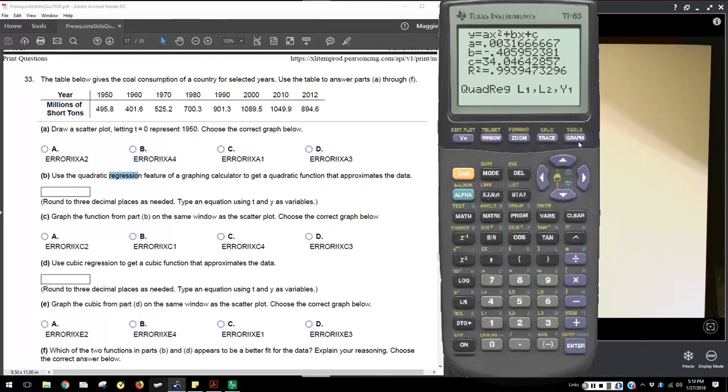And we're going to look at the equation. And it says round to 3 decimal places is needed. 1, 2, 3. The next one's a 2, so we're going to delete it. 1, 2, 3. The next one's 0, so we're going to delete it. 1, 2, 3, and the 4 is 0, so we're going to delete that.